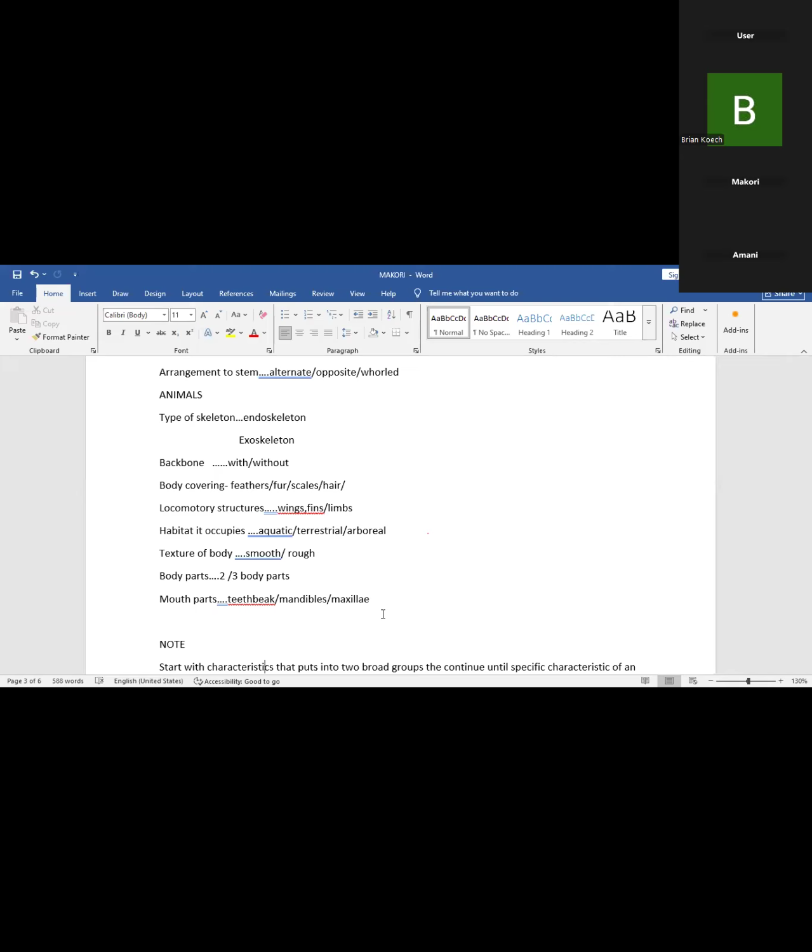We have got those that occupy the terrestrial environment. And also we have got those that are arboreal. Arboreal are still terrestrial, that will be occupying within the trees.